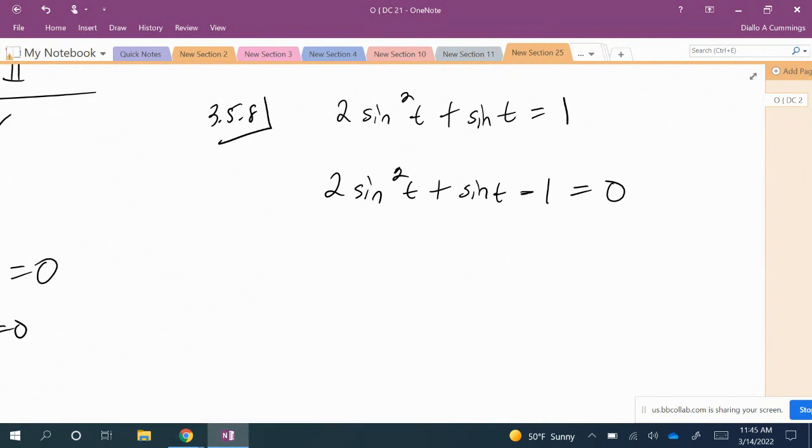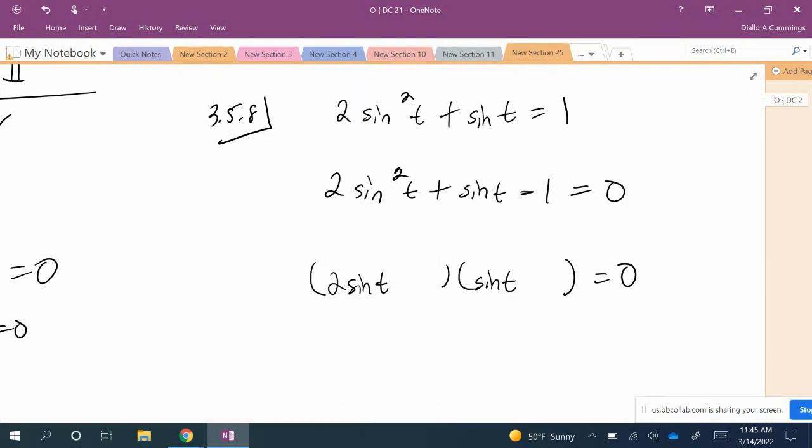Next, we're going to factor. So I'm going to make 2 sets of parentheses, right? And this is still equal to 0. So in the first set of parentheses, I'm going to put 2 sine t. And in the second set of parentheses, I'm going to put sine t.